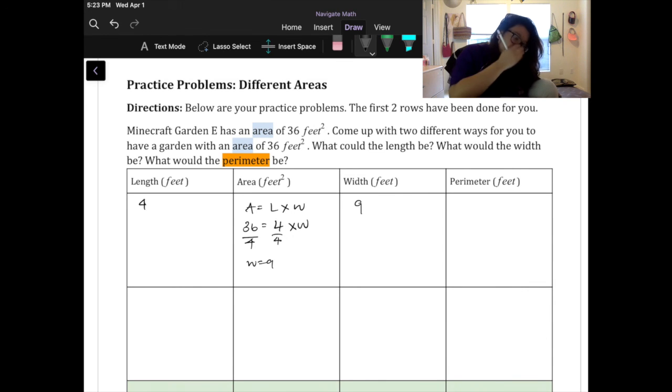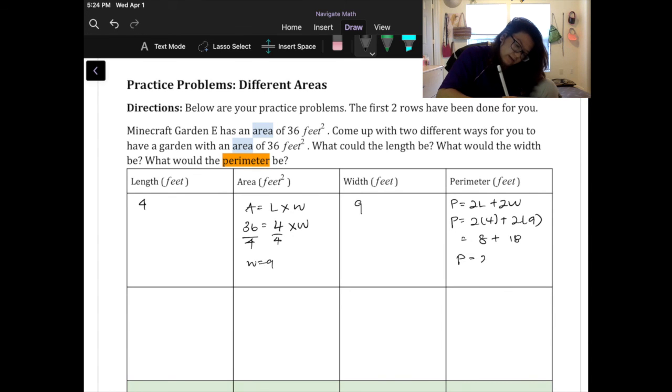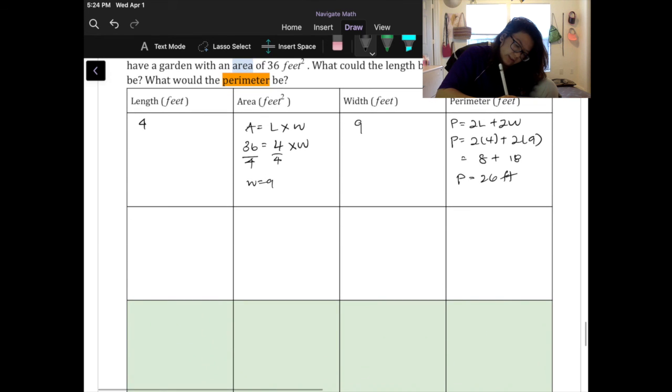So my width is 9 feet. Okay. Perimeter is P equals 2L plus 2W. P equals 2 times 4 plus 2 times 9. So that's 8 plus 18. So then perimeter equals 26 feet.